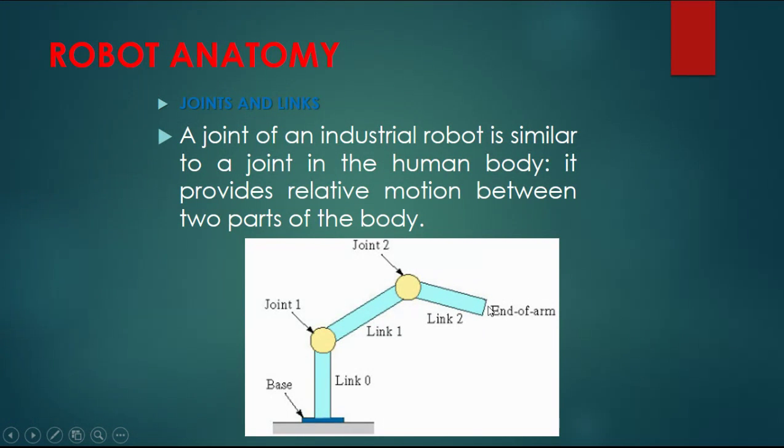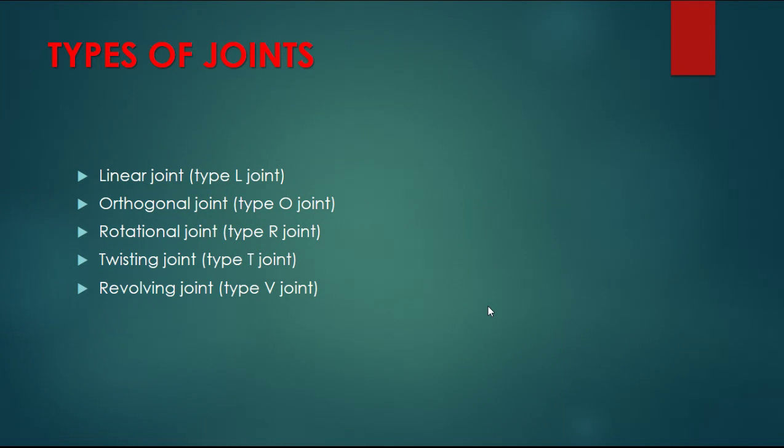As per our human hand or human arm, these can work and make our work so easy. So as per robot anatomy, let us see what kind of joints and motions are there. These are the joints particularly used in robot anatomy.